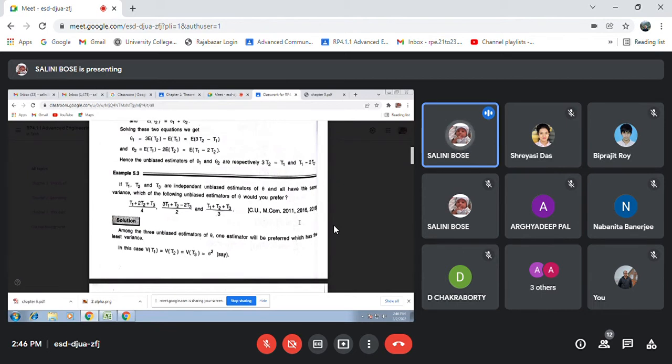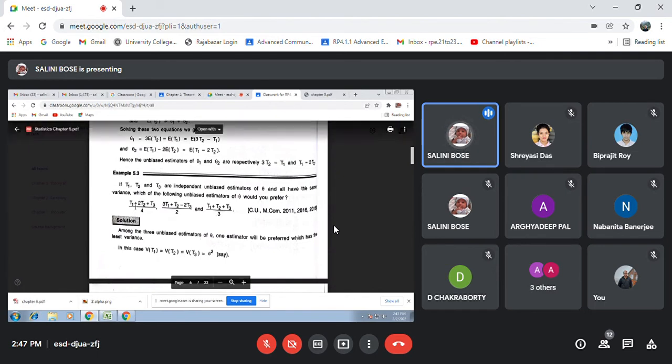Then you will be able to find out the preferable unbiased estimator of theta. Can you do it? Can you find out the variance of this?